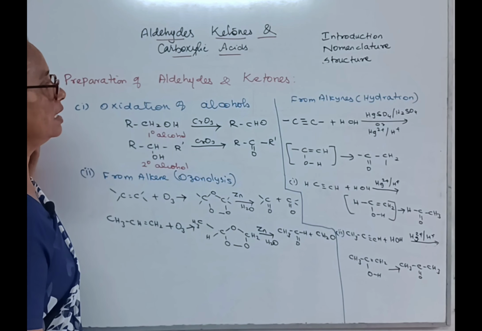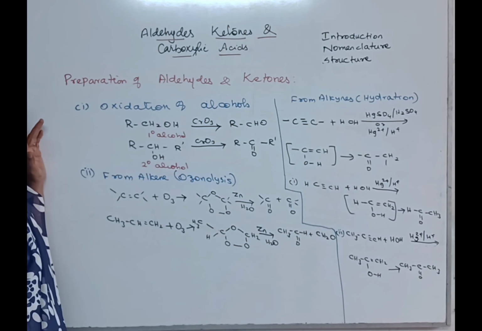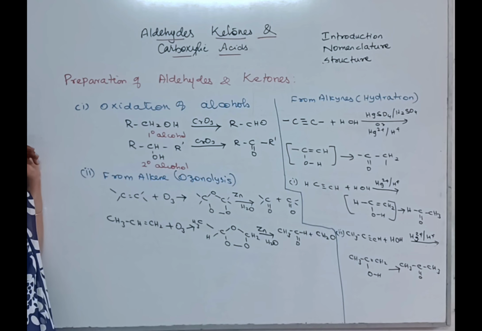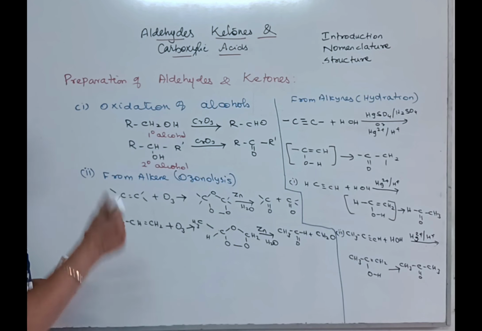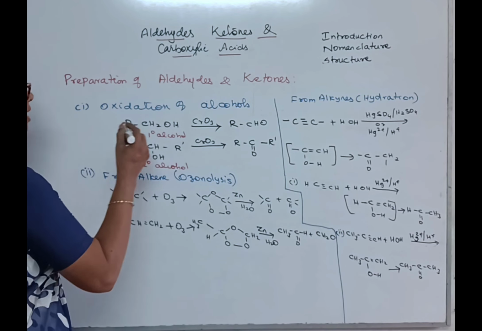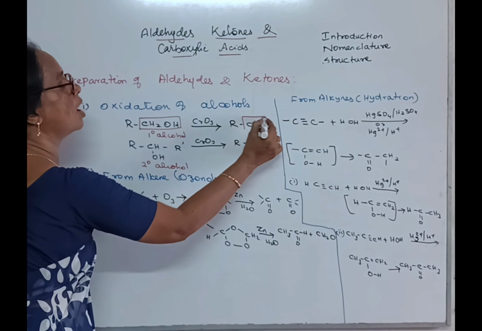Preparation of aldehydes and ketones. These methods we have already discussed in our alcohol chapter as well as in the alkenes and alkynes of the hydrocarbon chapter. So, once again, let us have a glance. We know that a primary alcohol, on oxidation by a mild oxidizing agent like chromic oxide, is oxidized to an aldehyde.